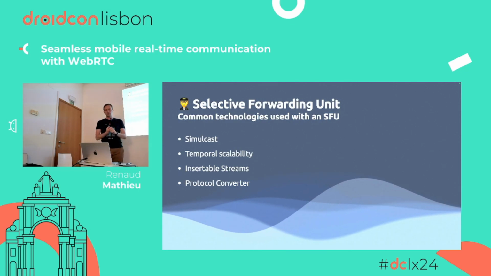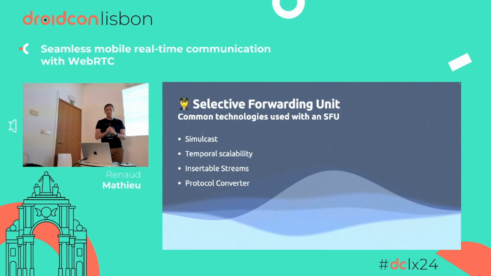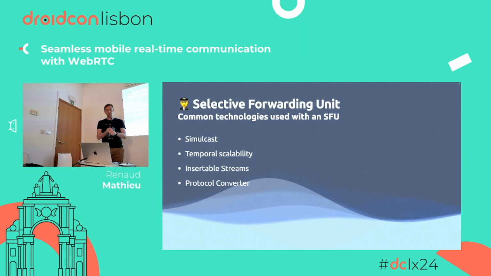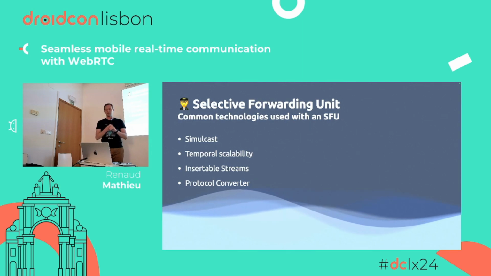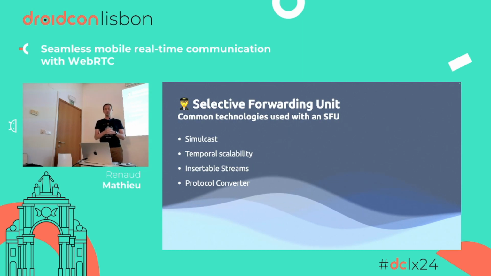There is temporal scalability, encoding at different frame rates as well, so not only compressing but different frame rates. We can manipulate the media data directly before it is sent or received, called insertable streams. It's not used for putting ads, it's useful for custom processors such as end-to-end encryption, to make sure that the connection is safe, or even adding effects like filters on the video.